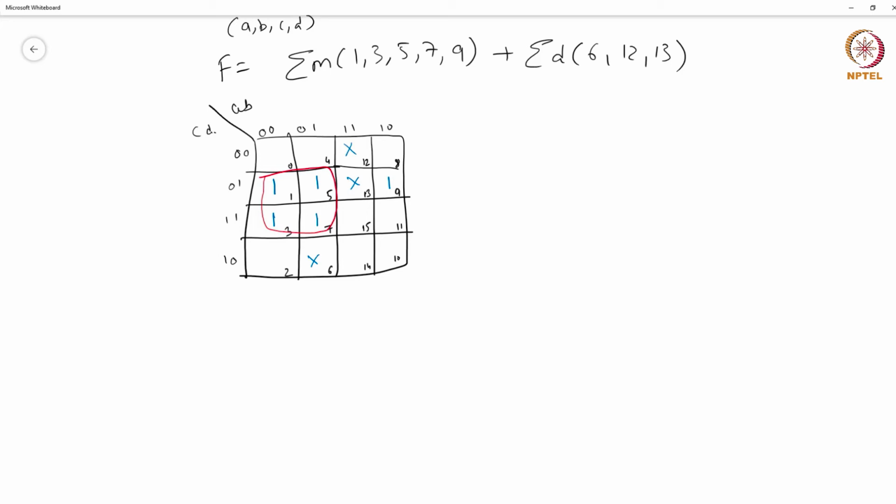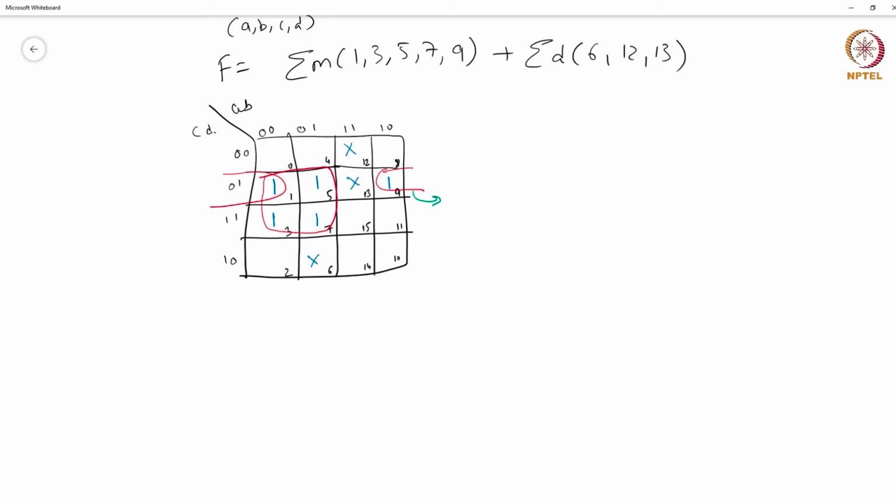The other possibility was that we could have done this and this. So we can make a group of 1 and 9. So corresponding to 1 and 9, the min product term would have been... so we see what changes and what doesn't change.